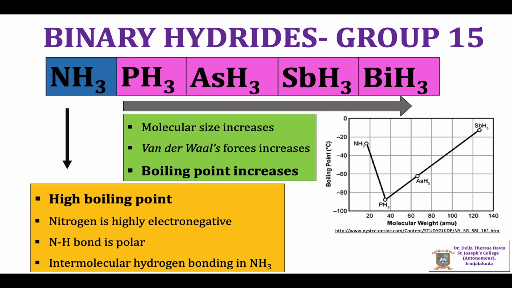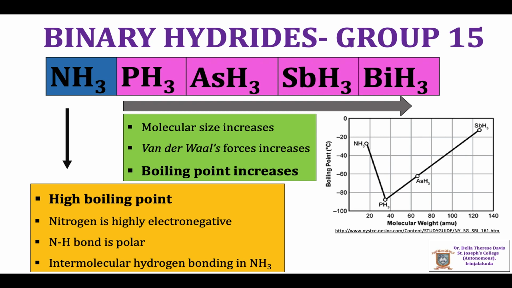And thus there is a possibility of intermolecular hydrogen bonding in ammonia. Due to this intermolecular hydrogen bonding, ammonia shows a very high boiling point compared to that of the next member, phosphorus hydride.